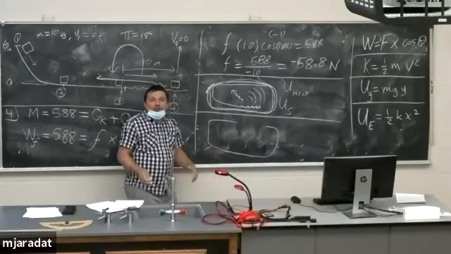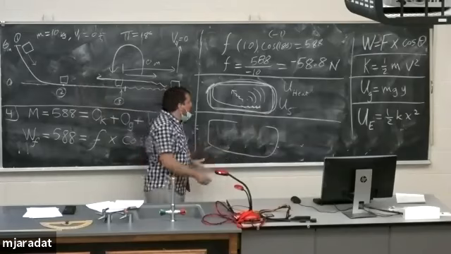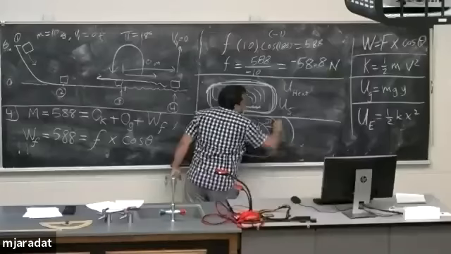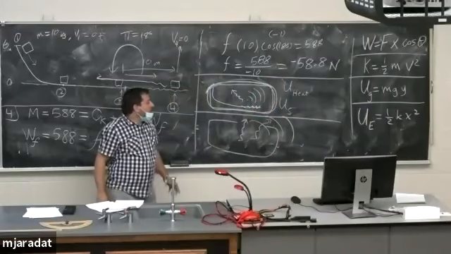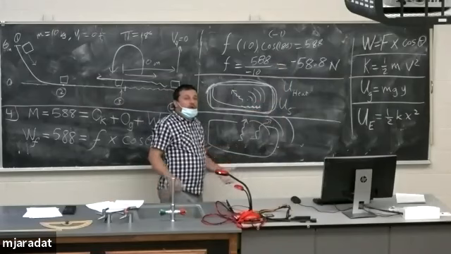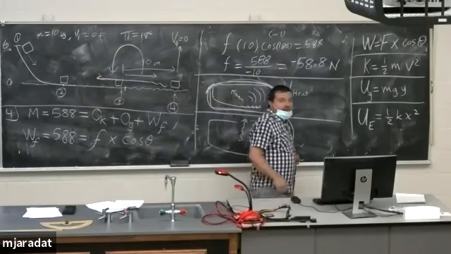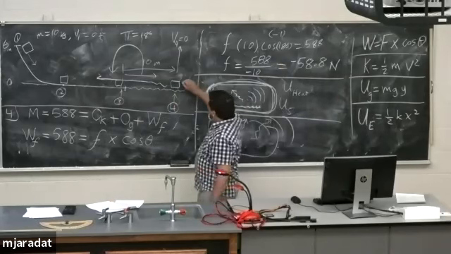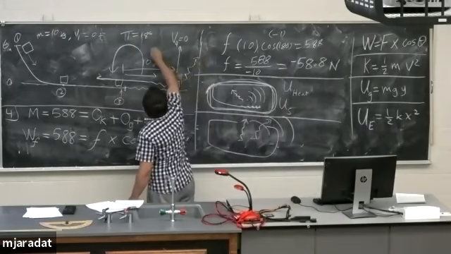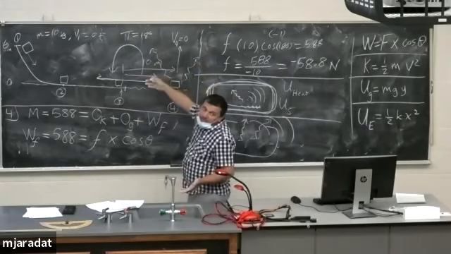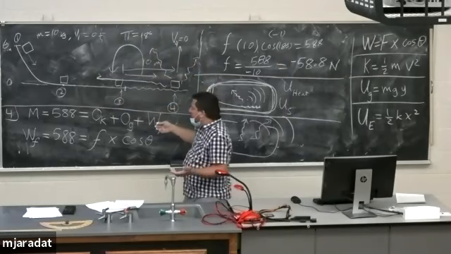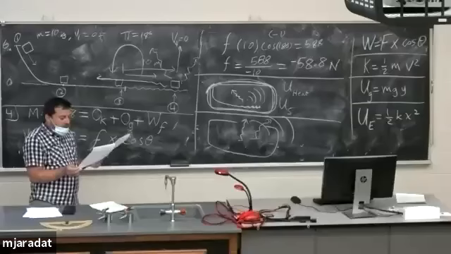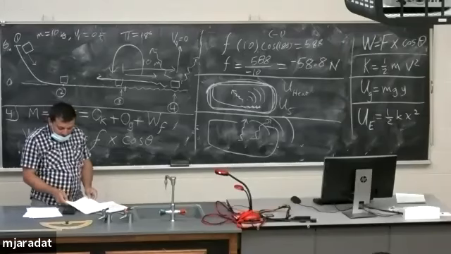But if we do this experiment outside, then the heat will go outside and the sound will spread outside to the universe. Then our system will be a non-conserved system. Okay? So the frictional force here will be observed as heat energy or sound energy or any other energy. Any question about this example?